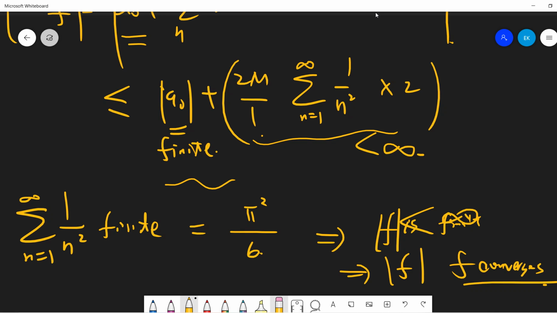Basically, although I didn't prove everything here, what we have developed is that the Fourier series has some convergence property, and it can converge to the original periodic function f.